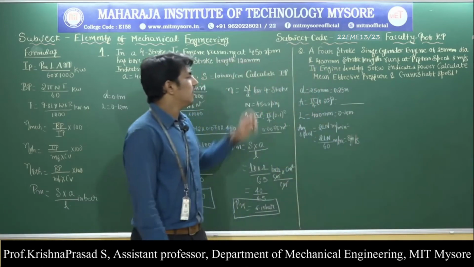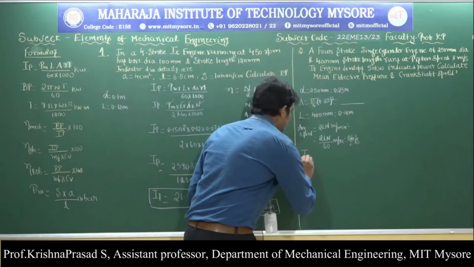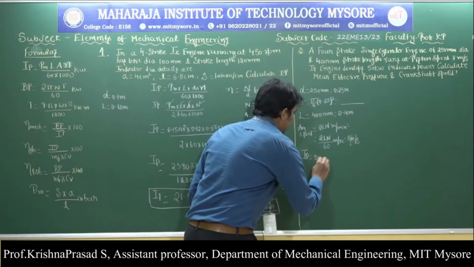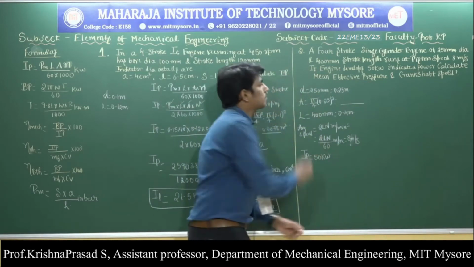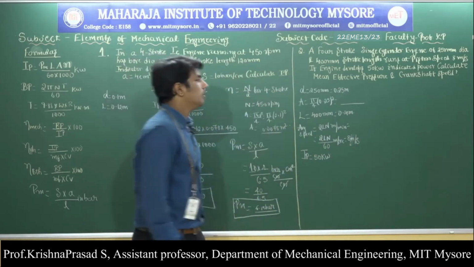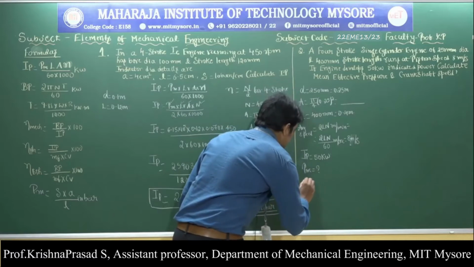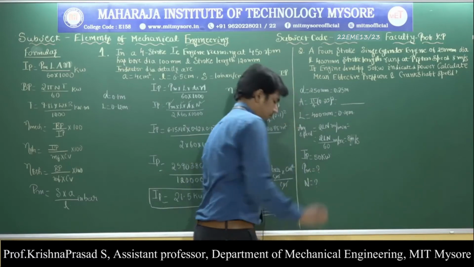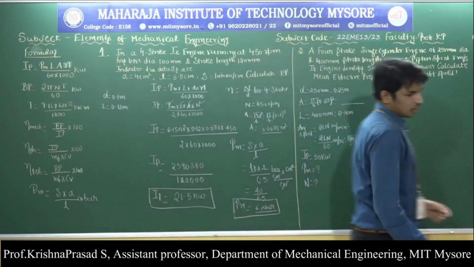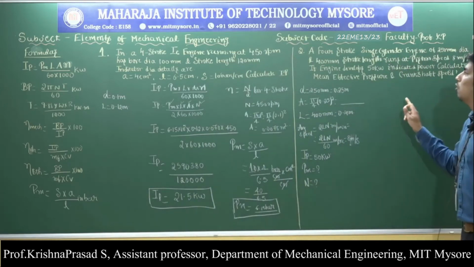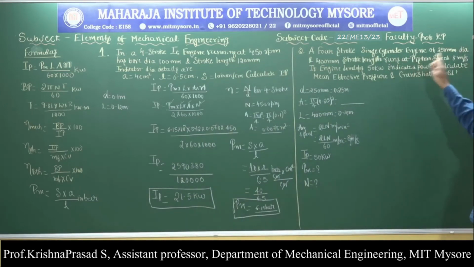Okay, then if the engine develops, they have given the indicated power, that is 50 kilowatts. Calculate the mean effective pressure, that means PM, and the crankshaft speed. Here they are asking for a 4-stroke single cylinder engine.